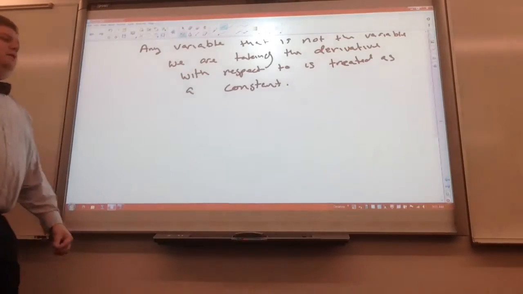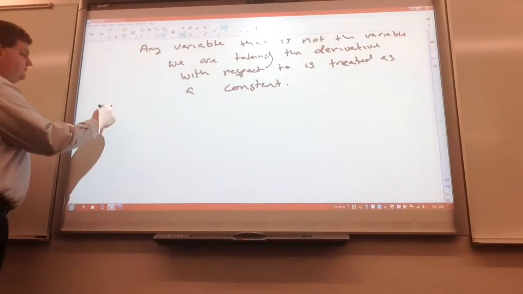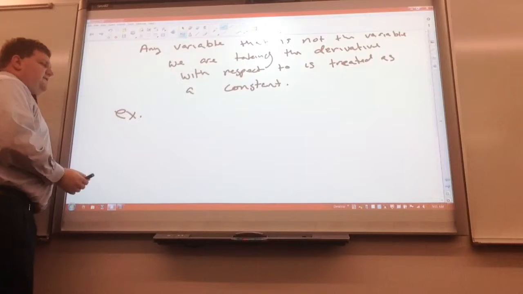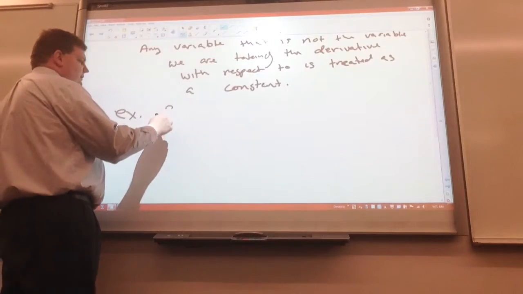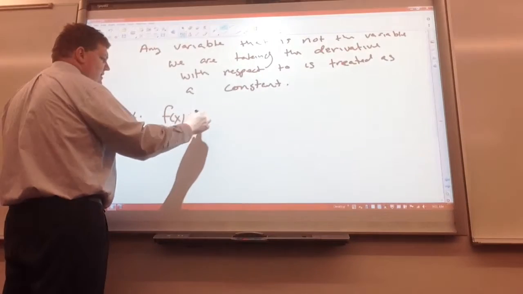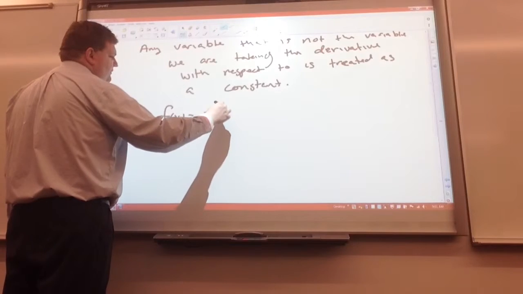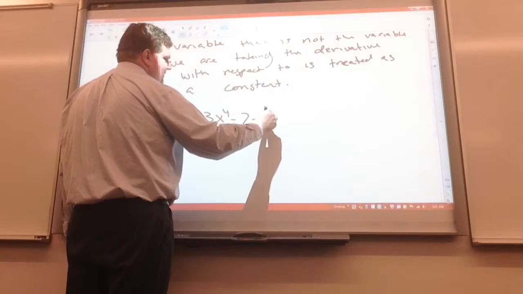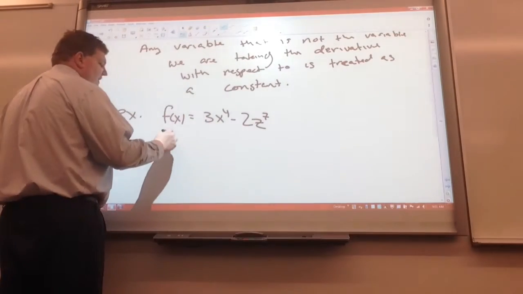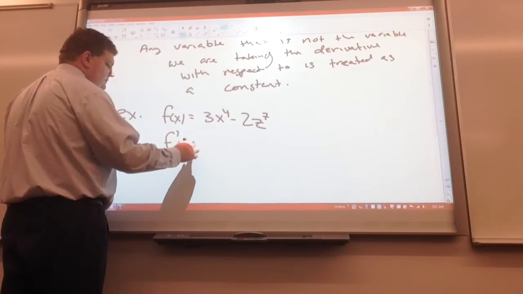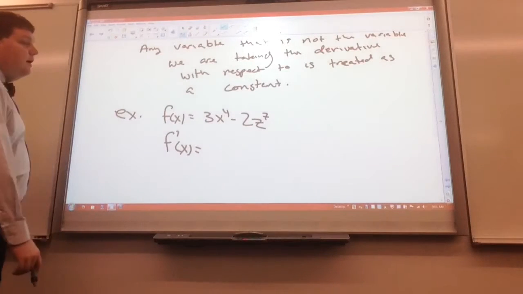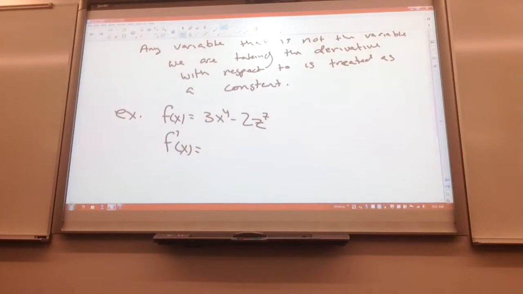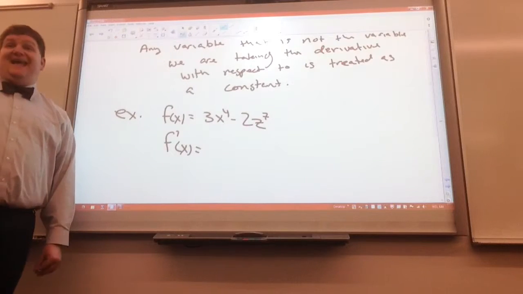An example of that: let's say I've got f of x equals 3x to the 4th minus 2z to the 7th. If I ask you for f prime of x, the z is a constant because I'm not taking the derivative with respect to z, I'm taking it with respect to x.